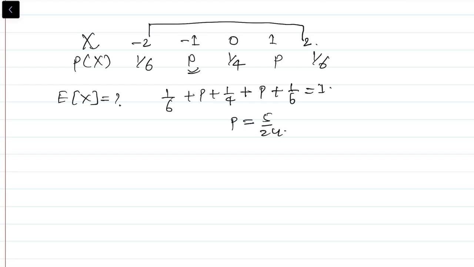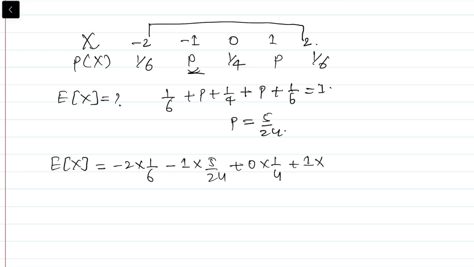Okay, so you get the value of p. Now you can calculate the expectation. So expectation is simply -2 times 1/6 minus 1 times, what is the value of p? P is 5/24, and then 0 times 1/4 plus 1 times 5/24, and then 2 times 1/6. Okay, so I leave this calculation to you. I hope you can solve this.